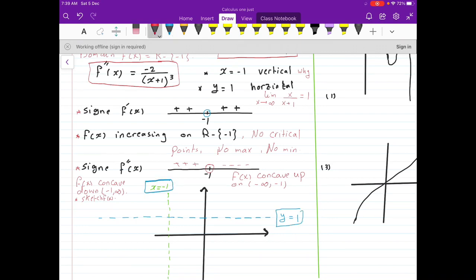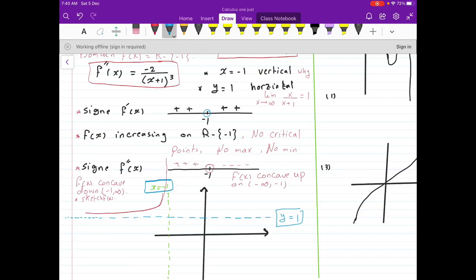Now, the behavior of the function when x is less than minus 1: the function is increasing and concave up, and it will approach y equal 1. So this function is increasing and concave up. As x approaches minus infinity, it will approach the horizontal asymptote.